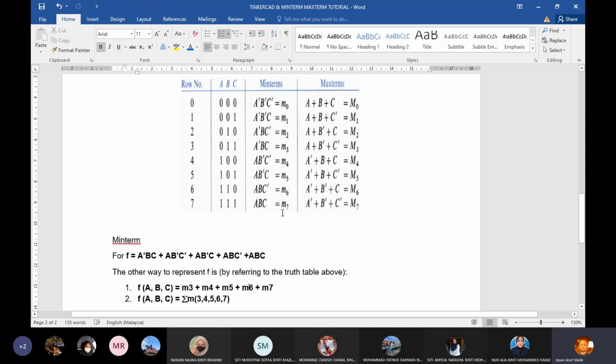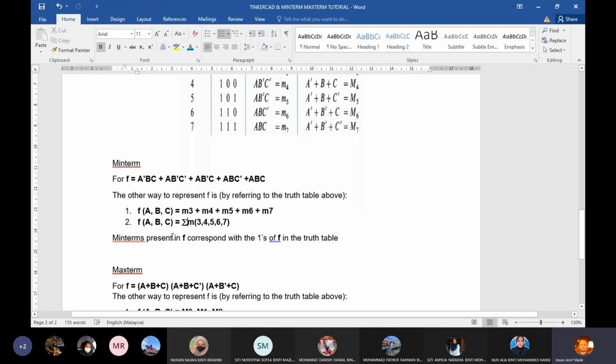And then A, B, C is 111, which is m7. So you letak F with the function with the variables of A, B, C is equivalent to m3 plus m4 plus m5 plus m6 plus m7. Ataupun you boleh represent F of A, B, C equivalent to sum of Minterm 3, 4, 5, 6, 7.